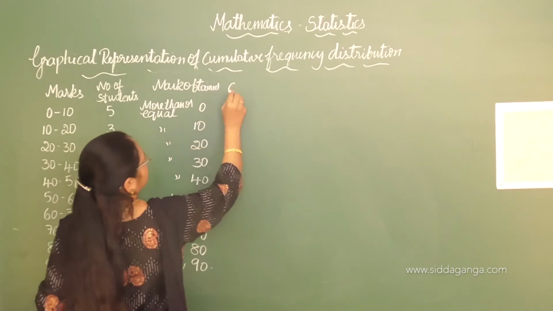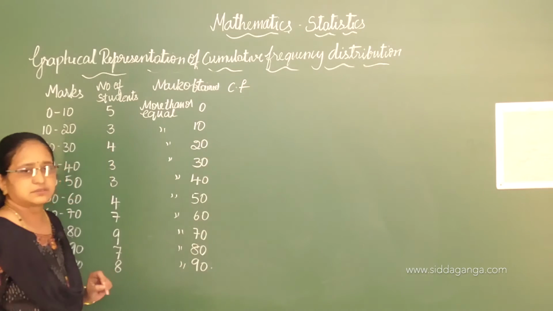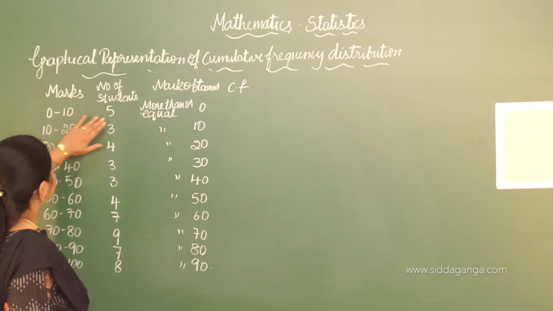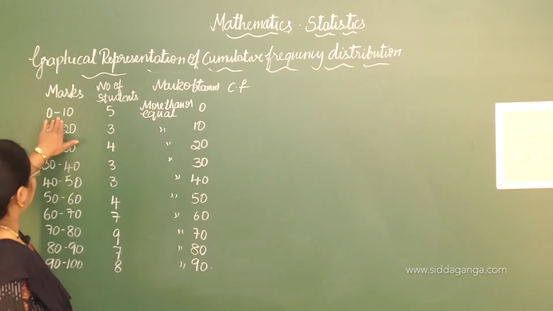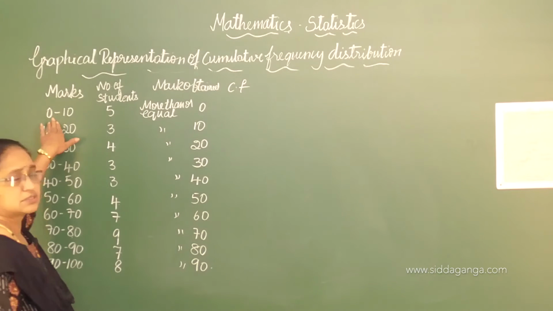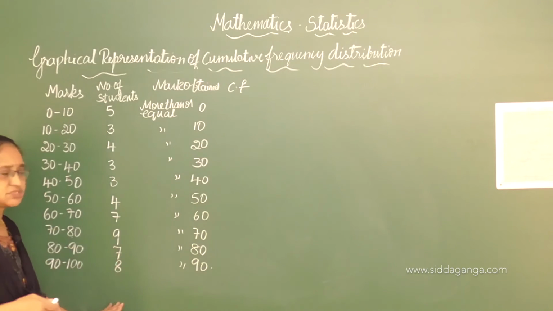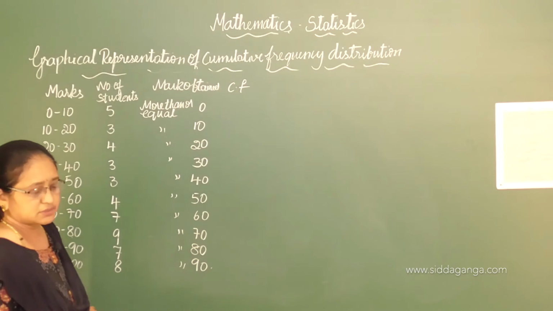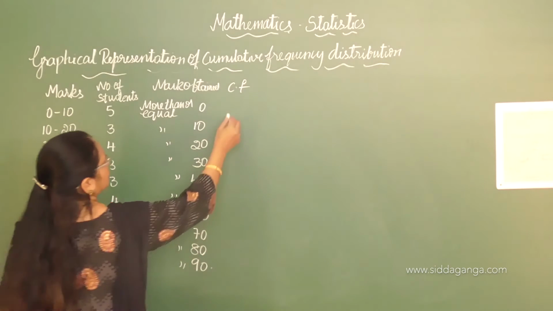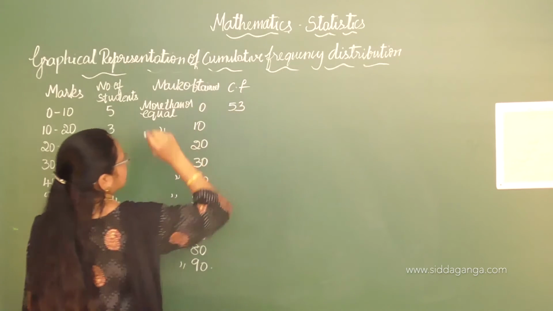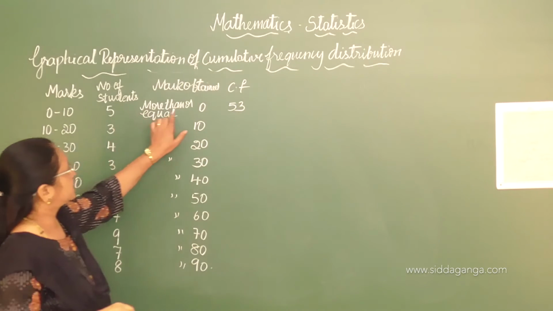And you will know how to find out the cumulative frequency. The number of students who obtained marks more than or equal to 0, so all the students will be included. How many students? You all know 53 students are there. So all the students will come under this.